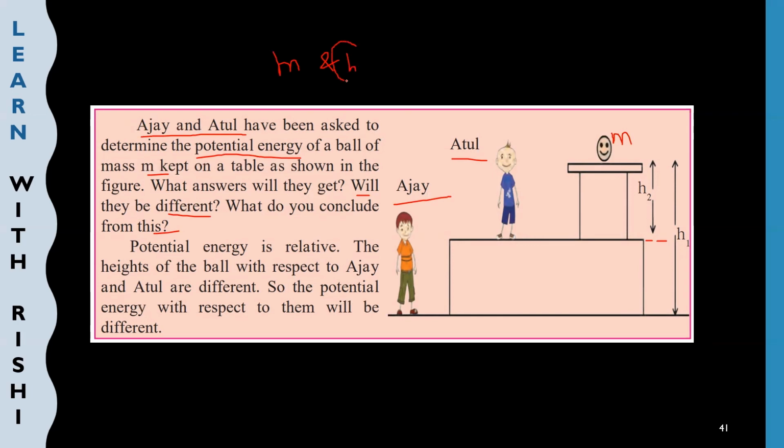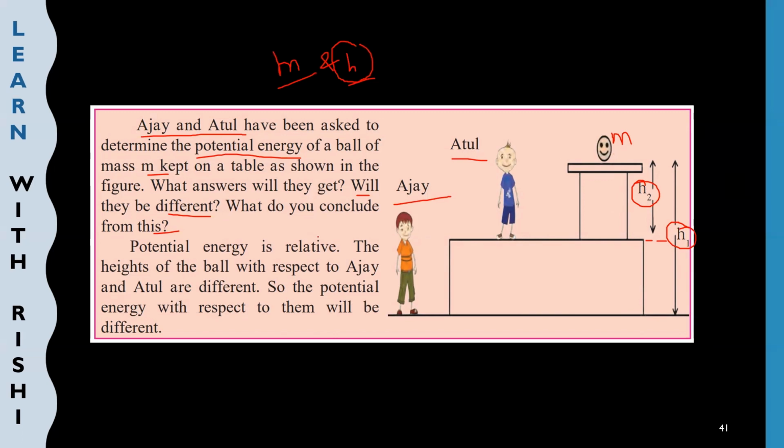For position, we require the height at which the ball or object is. So definitely the potential energy for Atul and Ajay will be different, as the height of the object is different for both. For Atul it is h2 and for Ajay it is h1.